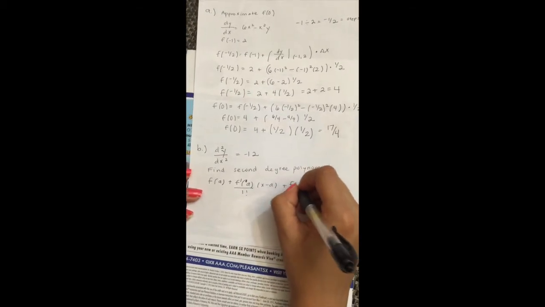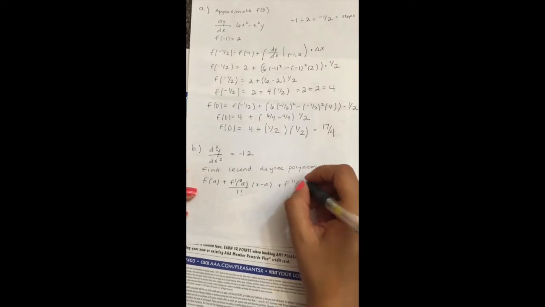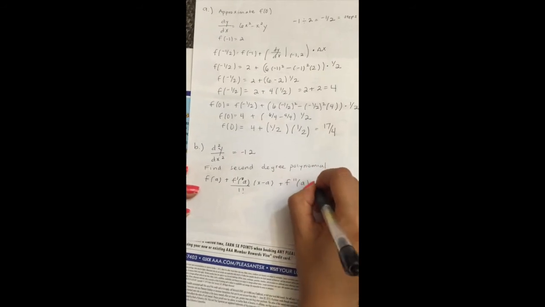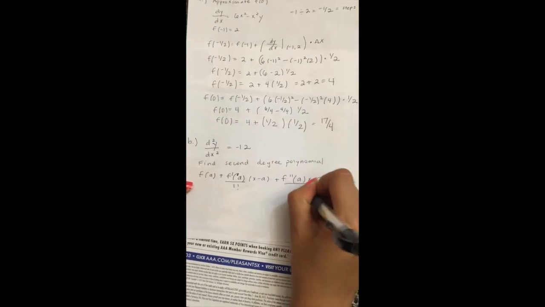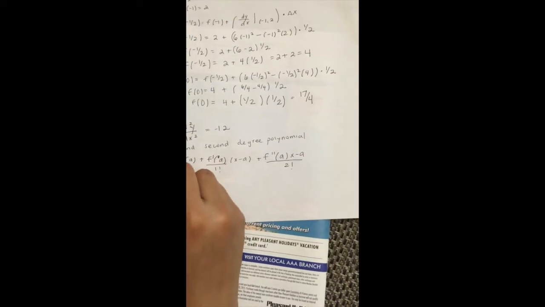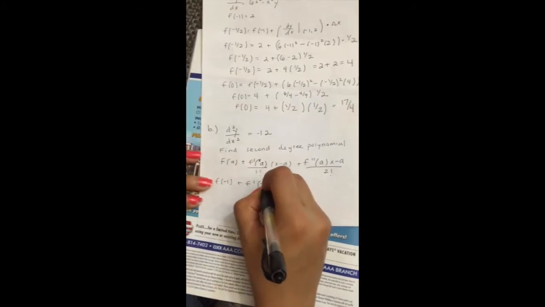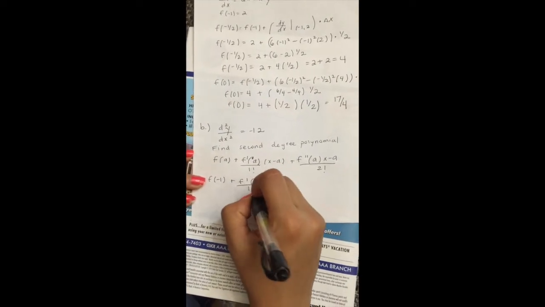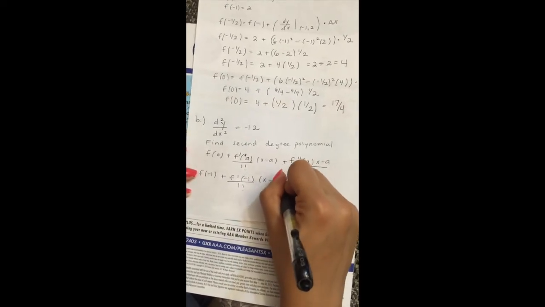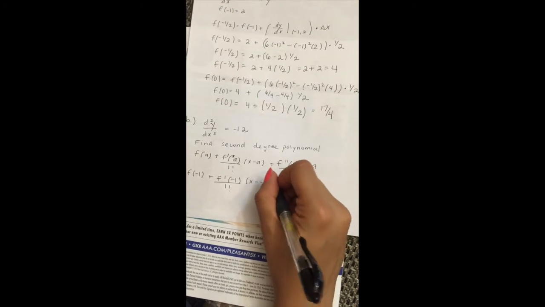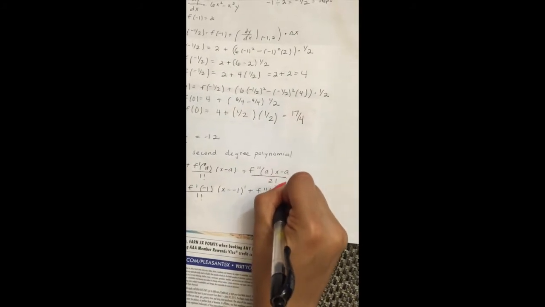A in this case is -1, so we substitute -1 for a. So we end up getting f of -1 plus f prime of -1 over 1 factorial times x minus -1 to the first power plus f double prime of -1 times x minus -1 squared over 2 factorial.